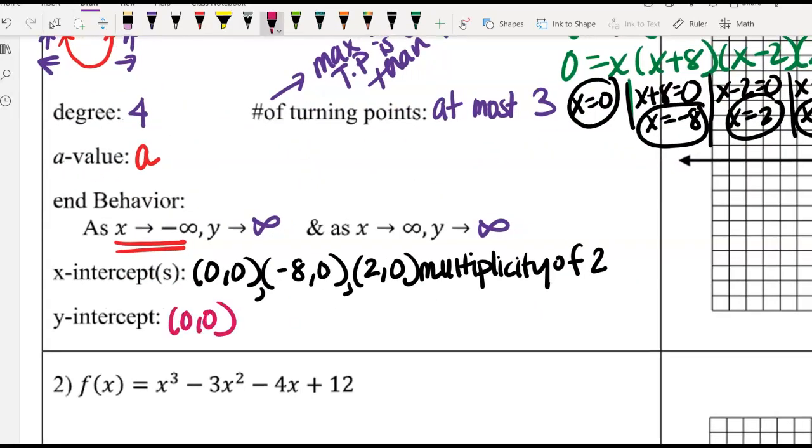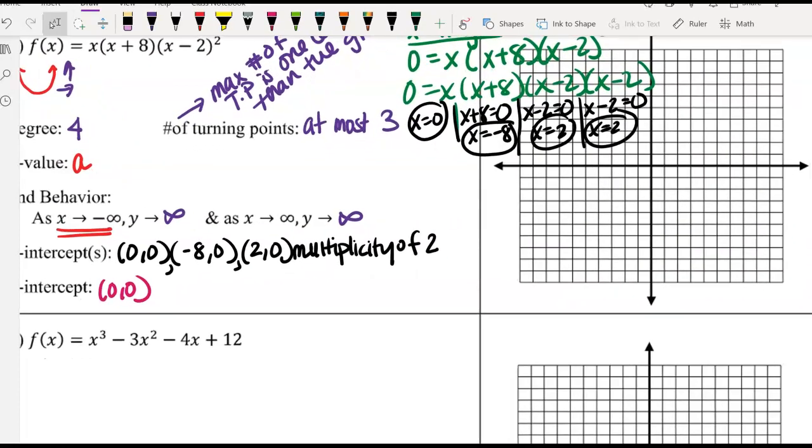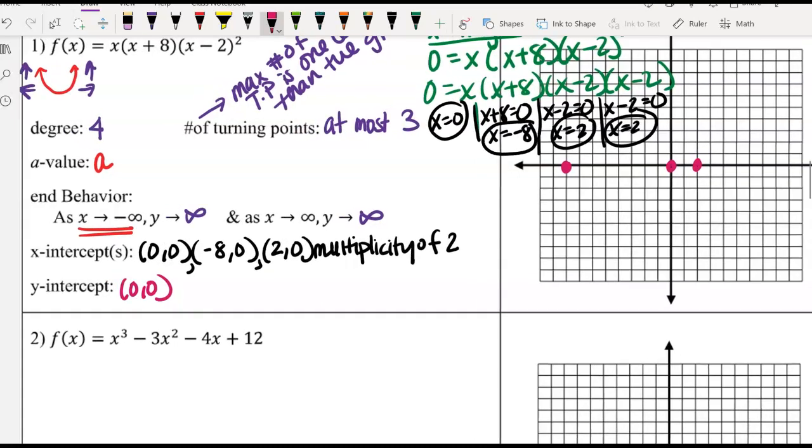Now we have enough to plot. Let's plot out all of the x-intercepts. Yes, you should do that first. That's where we find them first: (0, 0), (-8, 0), and (2, 0). Normally, I would say plot the y-intercept as well, but since the y-intercept is the same as one of the x-intercepts, we don't need to.